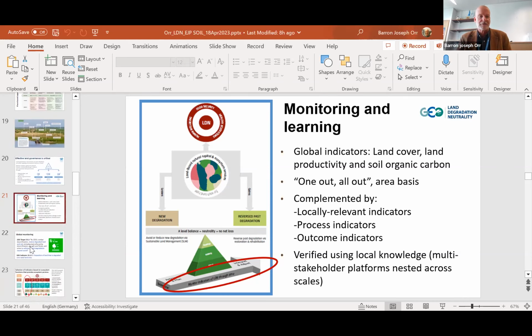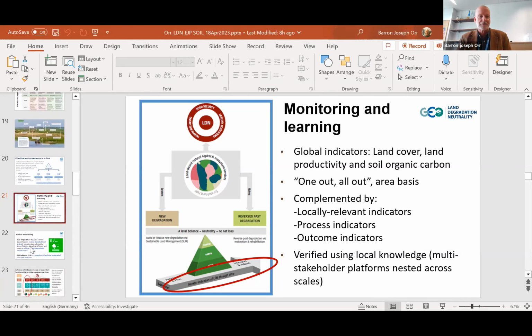And then all of this is packaged inside of SDG target 15.3 and its indicator, proportion of land that is degraded over total land area. You might be aware that the parties of the UNCCD for the second time have reported on this indicator and its sub-indicators. Those sub-indicators were selected on the basis of their relevance across all the ecosystem services flowing from land.